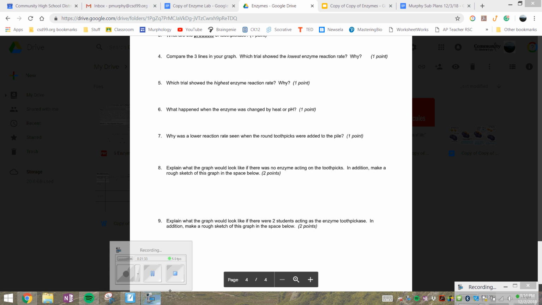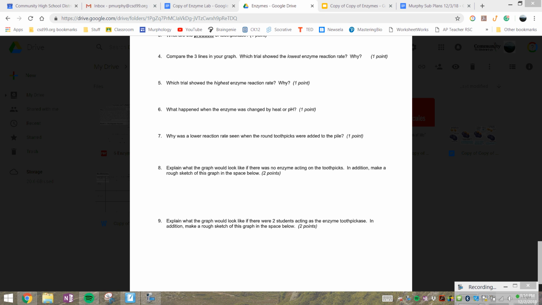For question 9, though, think about, okay, there's 2 students working on breaking down this pile of toothpicks. What would that look like in comparison to 1 student breaking down the pile of toothpicks? Well, if there's 2 students doing it, or 2 enzymes, it would happen faster. And this gets us to thinking about enzymes and how they react with the substrates, right?